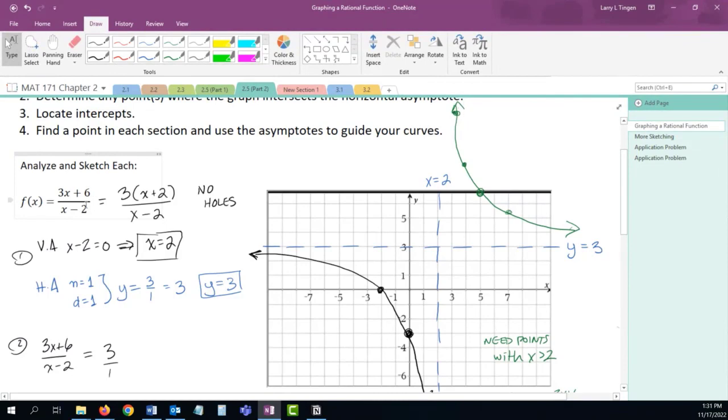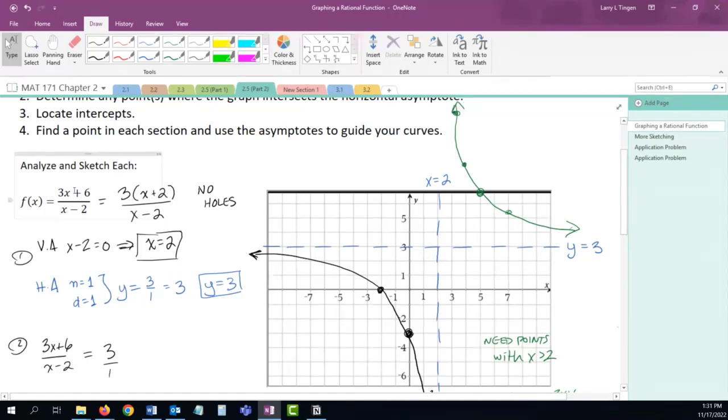This could be positive or negative. When x is less than 2, this is always negative, right? 1 minus 2 is -1. So this thing's always negative in the denominator when I am to the left of 2.